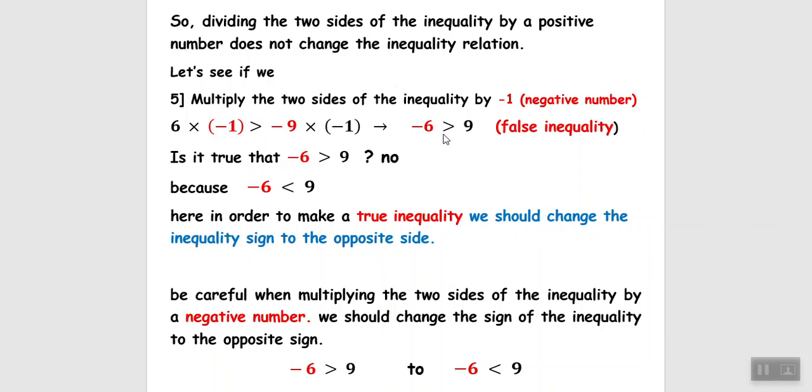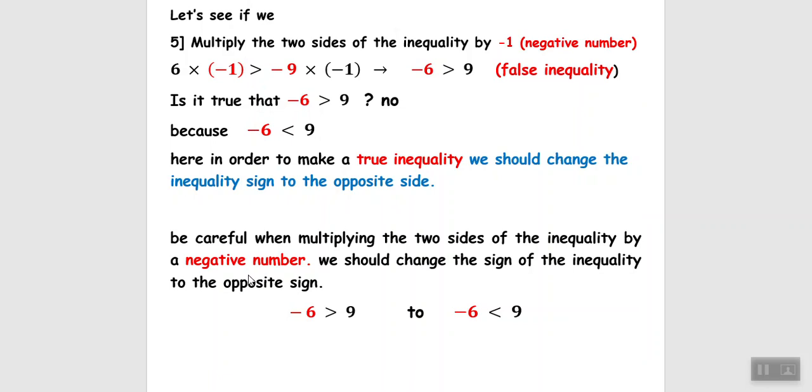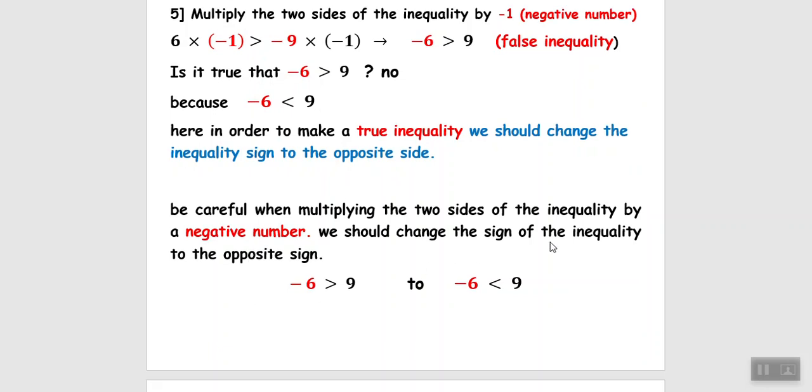Here, it's more than. We will change it to less than. So, negative 6 is less than 9. Be careful. When multiplying the two sides of the inequality by a negative number, we should change the sign of the inequality to the opposite sign. Negative 6 more than 9, we will change it to negative 6 smaller than 9 to make the inequality true.